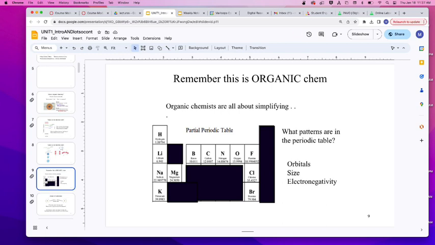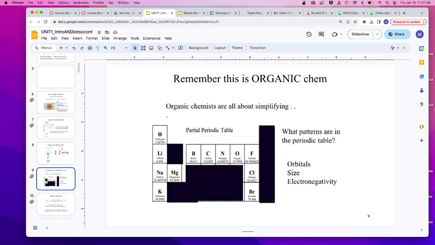S orbitals can hold how many electrons? 2. How many electrons can a p orbital hold? 2. How many p orbitals are there? 3, which means when we look at the p orbitals as a whole, how many electrons can they hold? 6. 2 plus 6 gets us our octet.